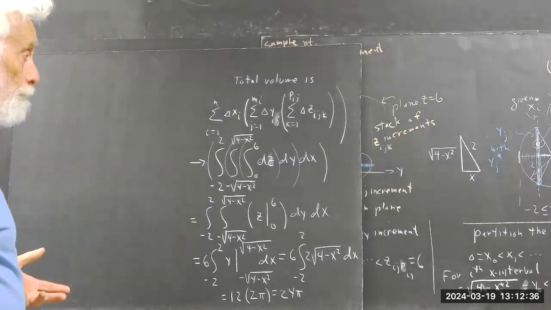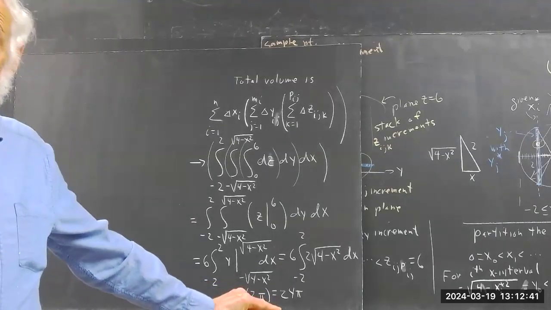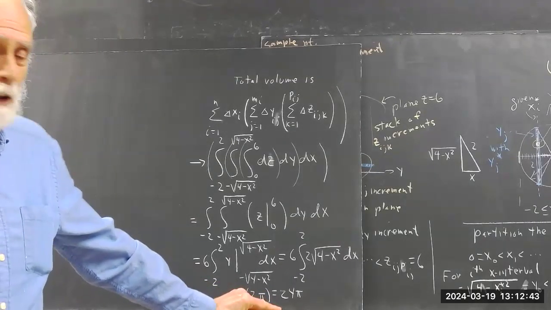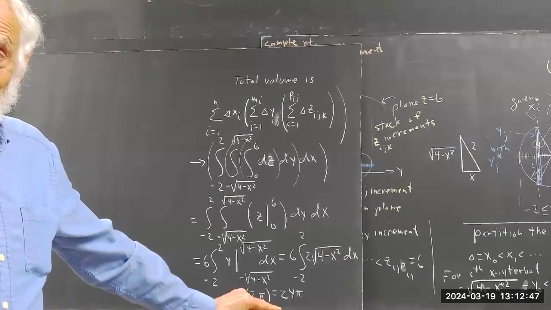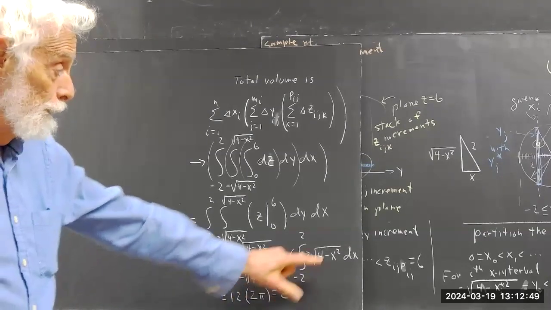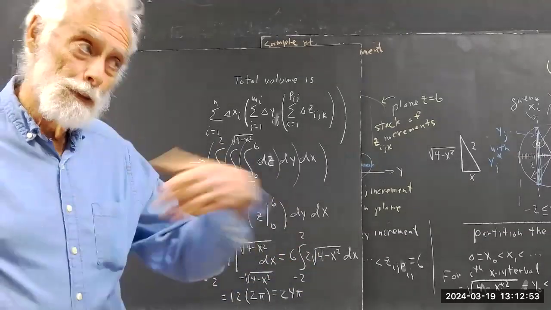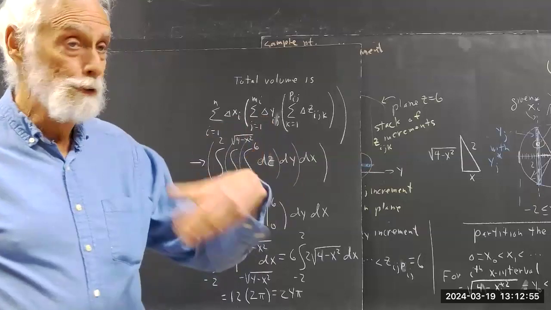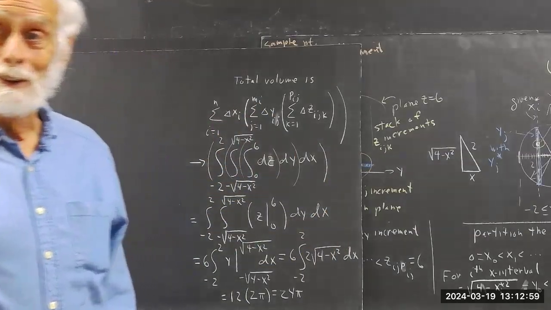Okay. That's great. Well, that tells us exactly what we already knew. It's the volume of a right circular cylinder. There's no magic to it. It does give us, incidentally, the integral for the area of a circle. So if you ever forget what the area of a circle is, just do a simple integral and you find that it'll be pi r squared.